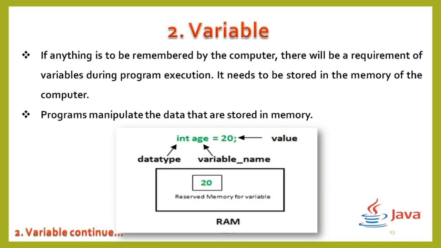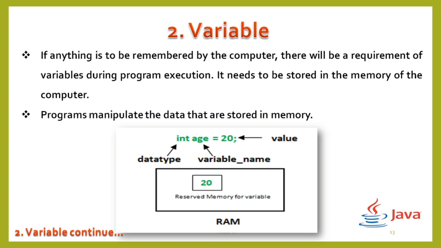We will learn in this chapter what the assignment operator is. After that, 20 is the value. So the value 20 is stored in the reserved memory for the variable, right? This way you write data type, variable name, assignment operator, and value. So always the value is stored in the variable in the right to left direction, right? So now the variable age value is 20.